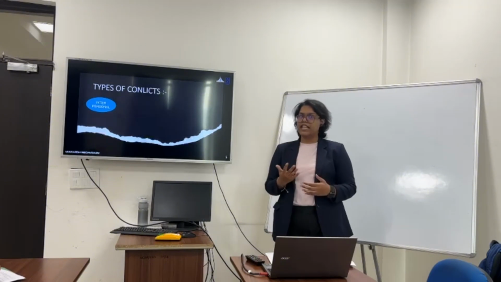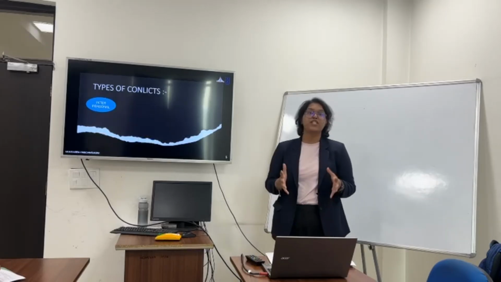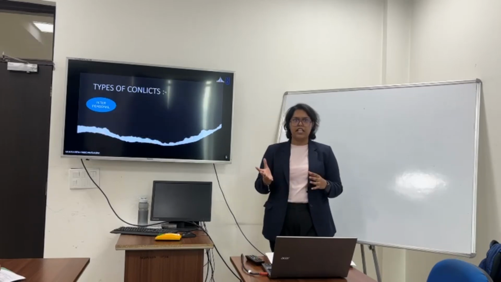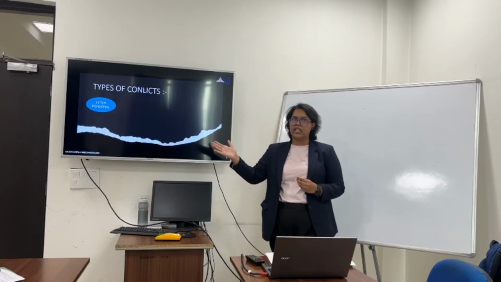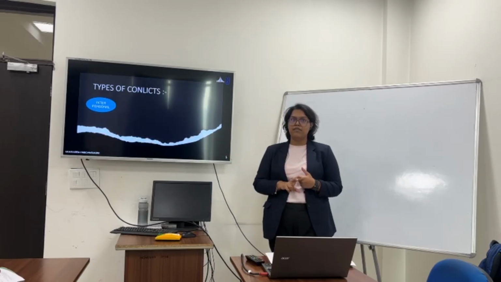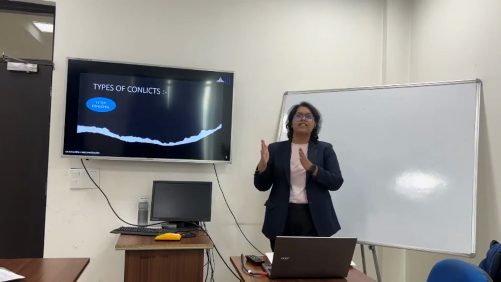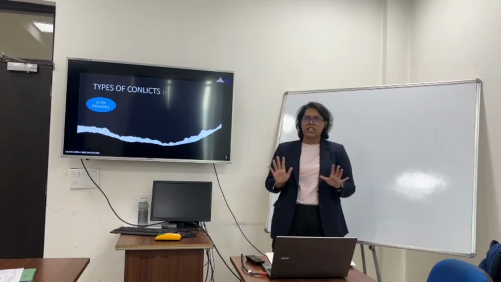So I will explain it further. Basically, interpersonal conflict is a conflict which happens between two people. I will give you an example to get a better understanding. There are two staff working in the front office department, staff A and staff B. They both work in the same shift.